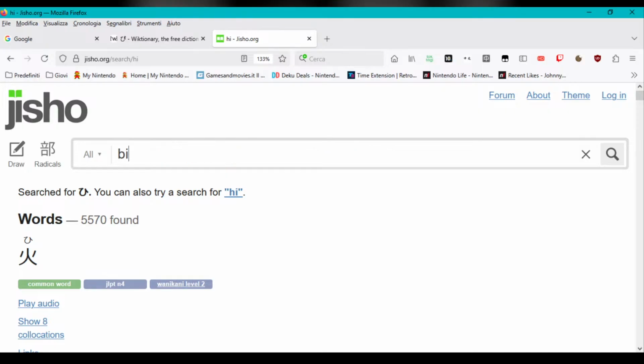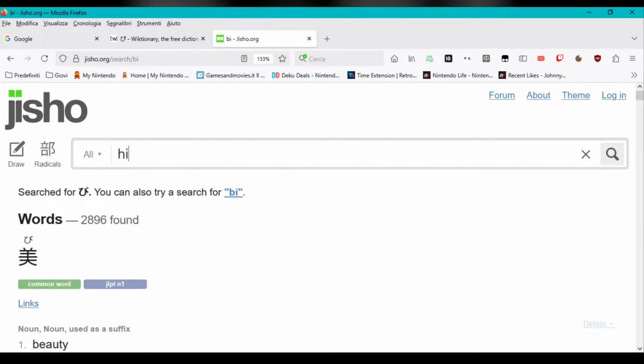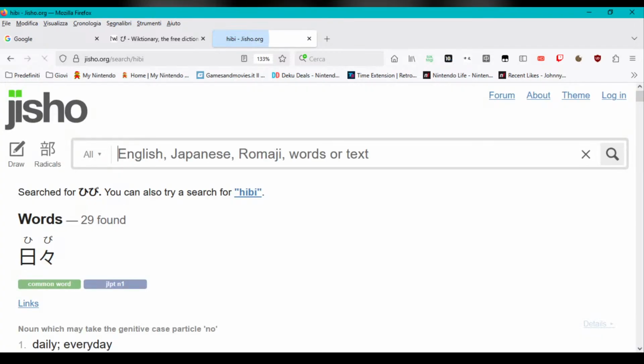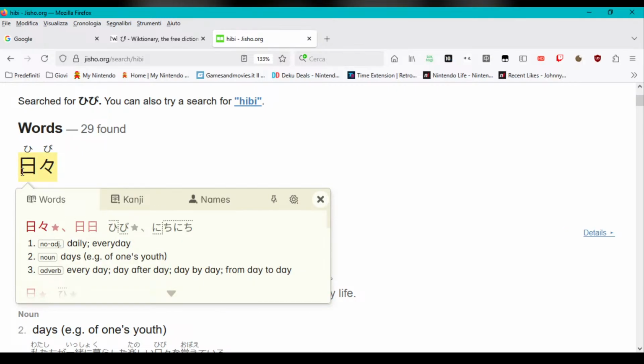With be, let's see if it finds, yeah, there's this one, but let's see this one then. Hibi, as you can see, high-low accented. Daily, every day is, or literally days, as we can see, is a duplication of he.